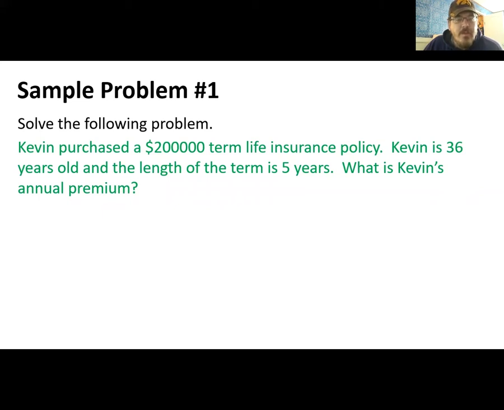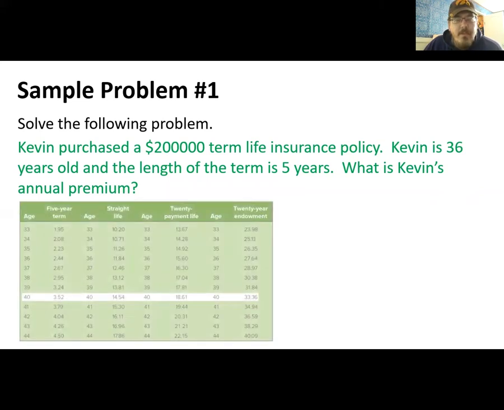So we're going to pull up the table and find the right table factor. If we look for age 36 and the 5-year premium, 2.44 is the table factor. Now the table is based on amounts of $1,000 of insurance coverage.